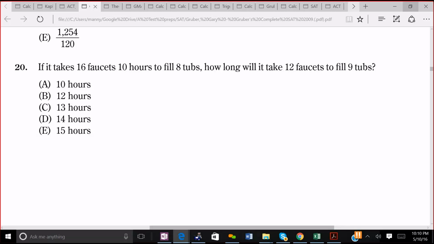So, could I do a ratio with these? Yes, this is a ratio question. So 16 faucets to 12 faucets, 8 tubs to 9 tubs, 10 hours to, we don't know how many hours.